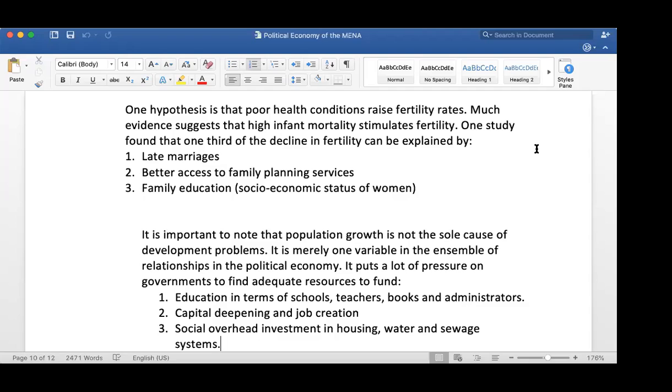The country's total fertility rate fell to 2.8 by 1996. And today it's between 2 and 2.1, which makes it below replacement levels. So in fact, this policy has done wonders for Iran.